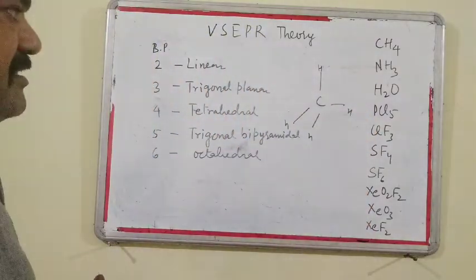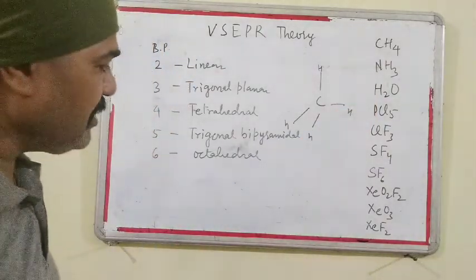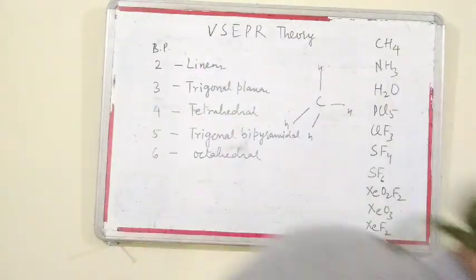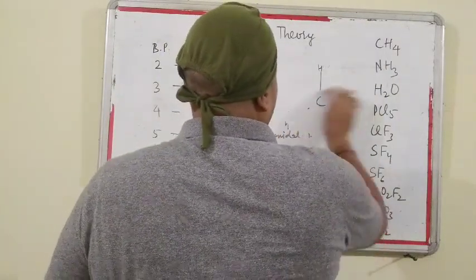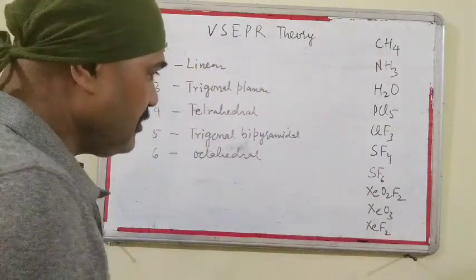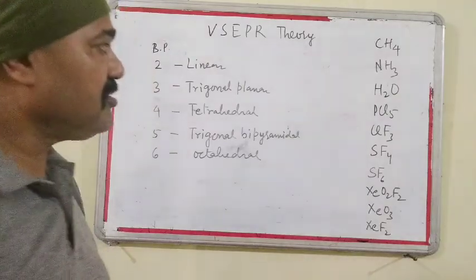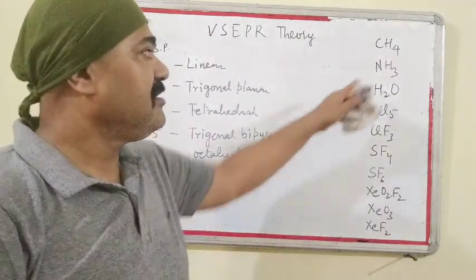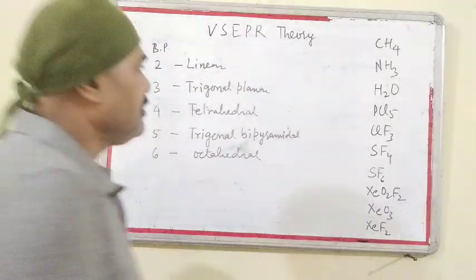Now we consider the next one, that is ammonia. Ammonia has a different shape. The number of electrons in the outermost orbit of nitrogen is 5. It forms 3 bond pairs with hydrogen.